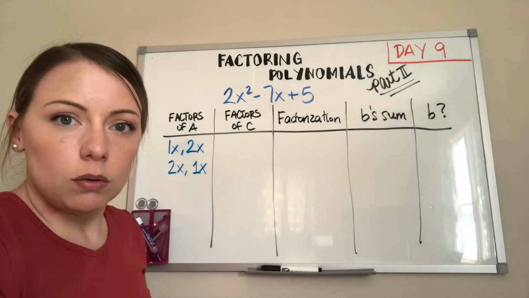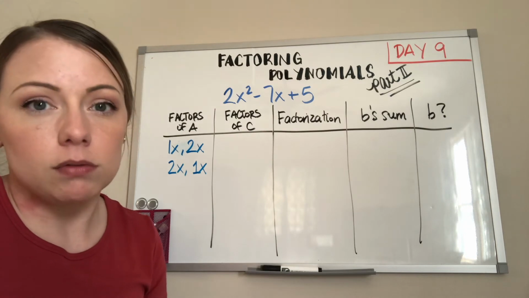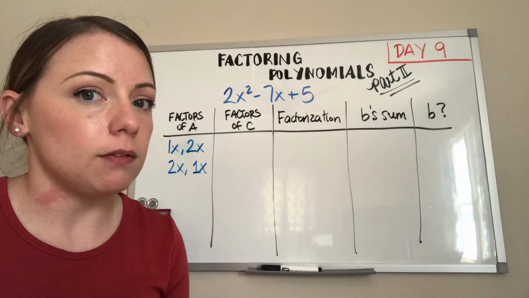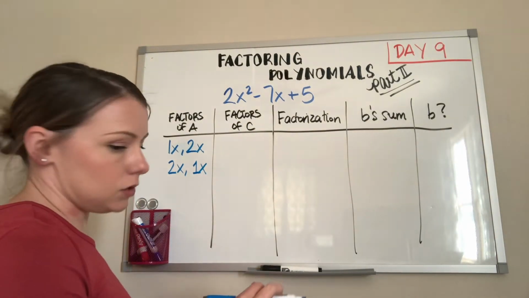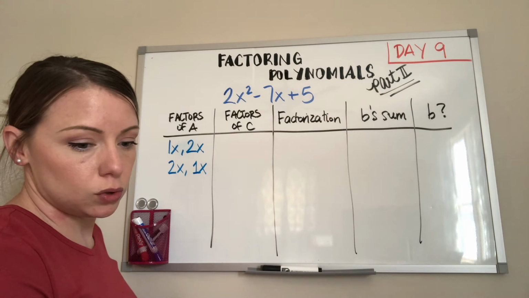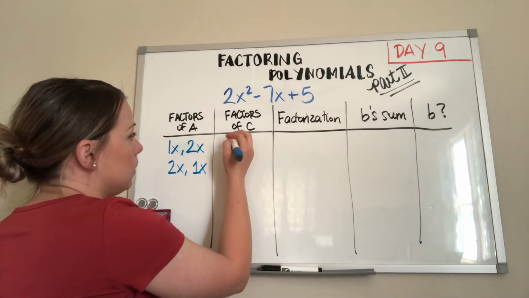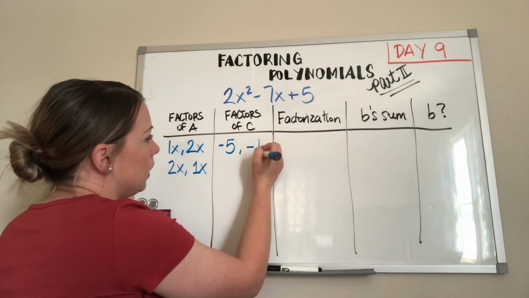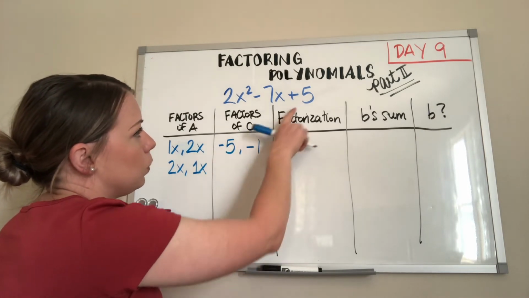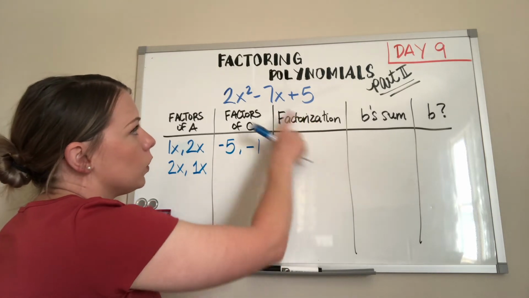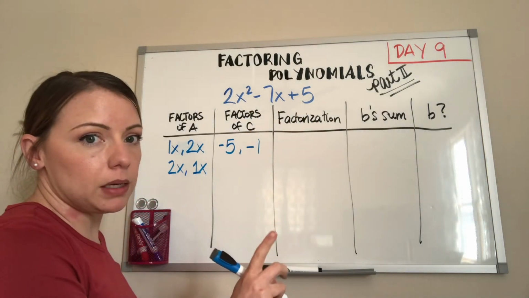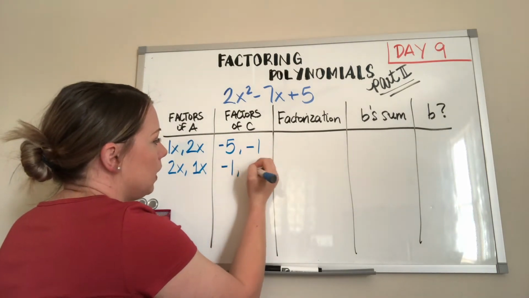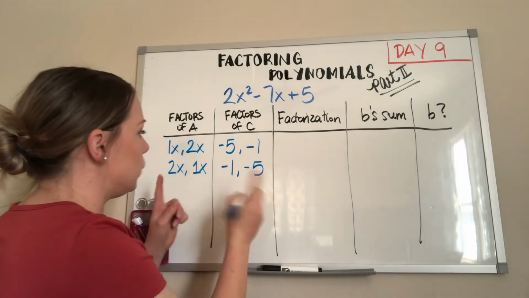So that should tell you that you're going to have 2 negatives multiplied to produce that positive C, but also to get that negative B. All right, so I'm going to say I have a -5 and a -1, because -5 times -1 will produce 5. Don't worry about if it makes up 7 quite yet, because these aren't the only things to consider. And then there's a possibility that I'm going to have to switch.